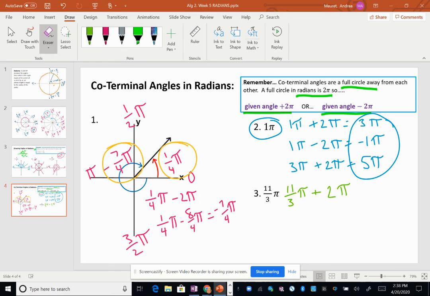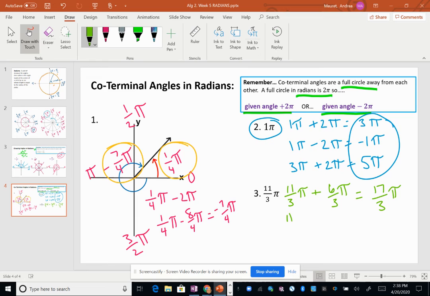Again, I want to make this a fraction. So 2 pi is equal to 6/3 pi. And so when I add them together, I get 17/3 pi.